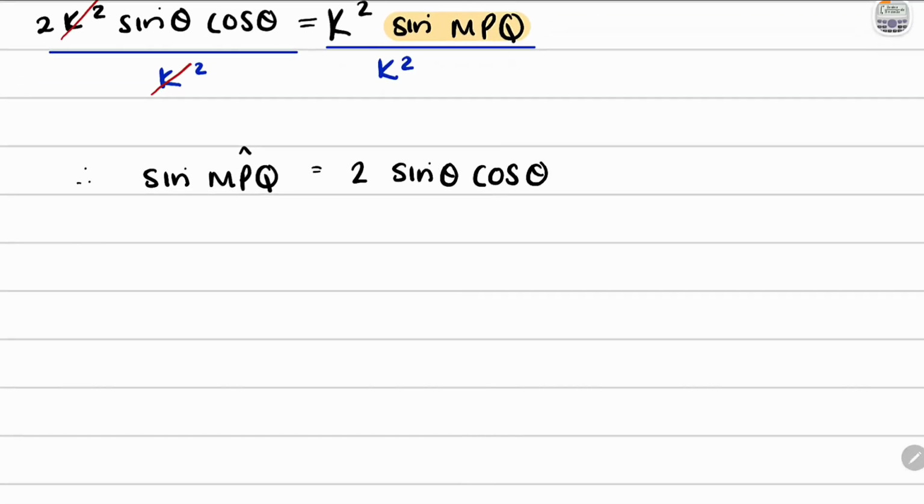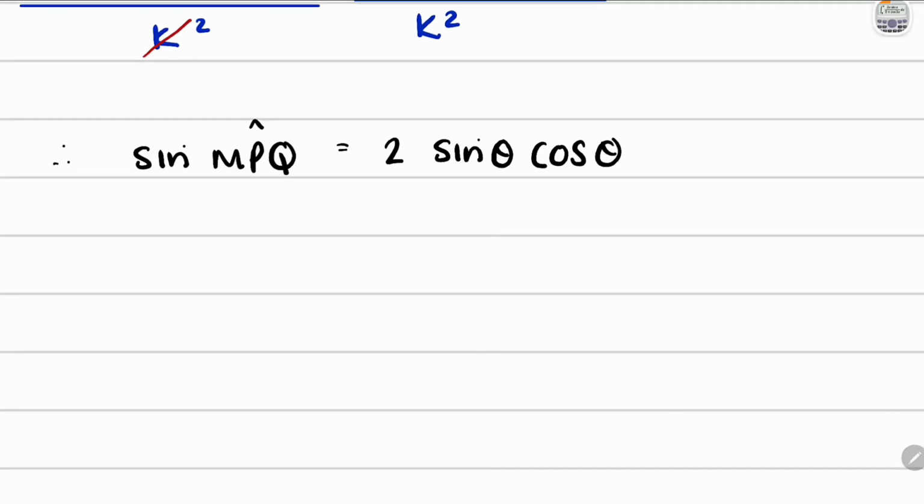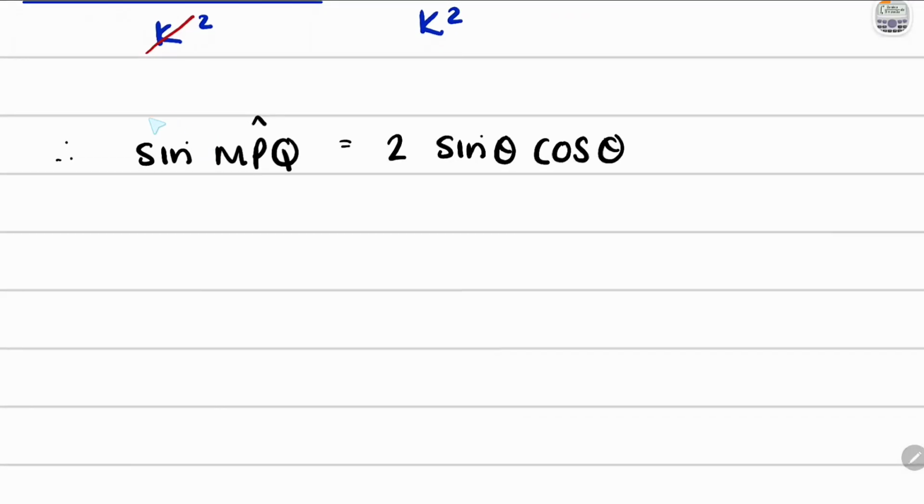Okay, the goal is to still get angle MPQ. Now, the thing is, because this is sine of an angle, you can take sine over. And when you take sine over, it becomes the inverse of the sine function, which we see as shift sine. And what shift sine does is that it will cancel out a sine.